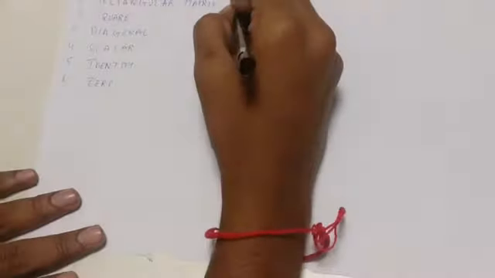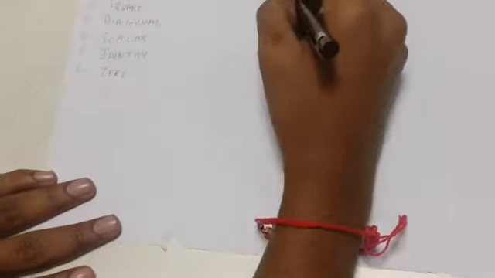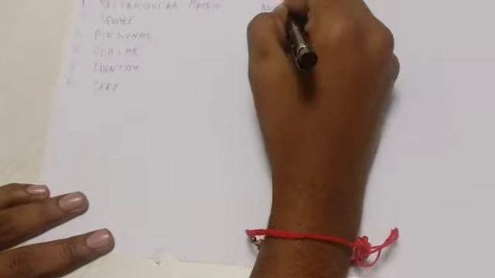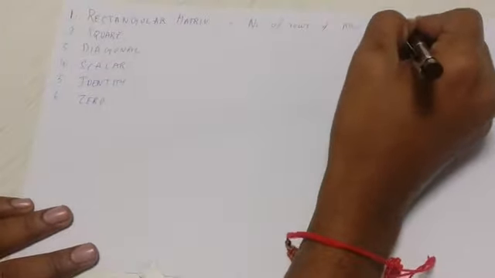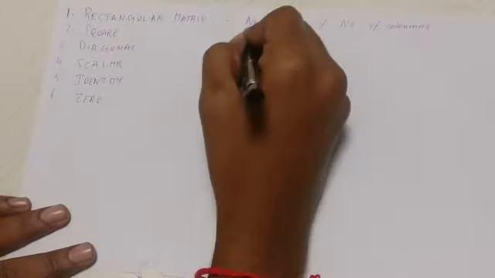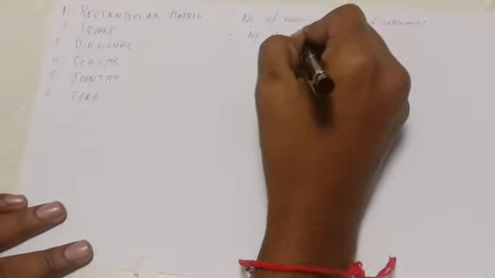A rectangular matrix is a matrix where the number of rows is not equal to the number of columns, and a square matrix is a matrix where the number of rows is equal to the number of columns.